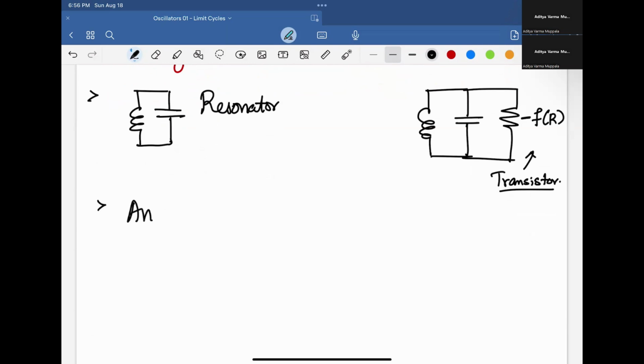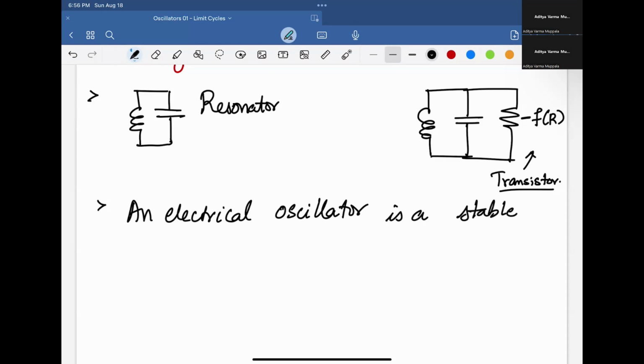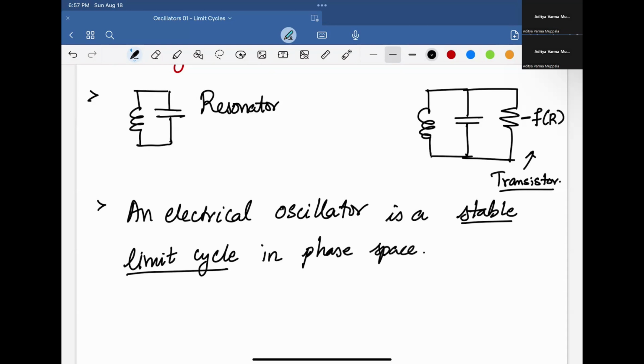So an electrical oscillator is a stable limit cycle in phase space, or has, I should say, a stable limit cycle, or you could also say is.